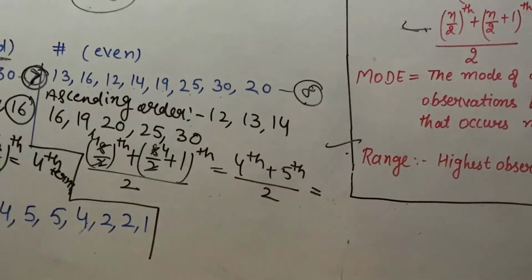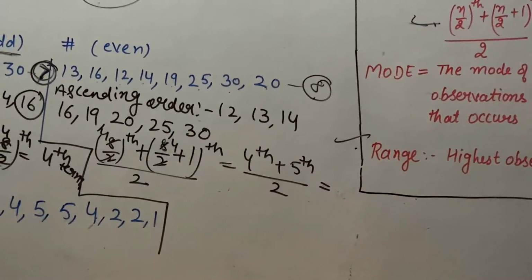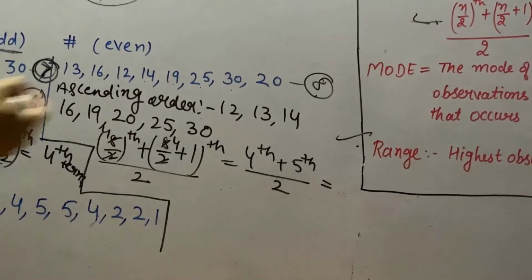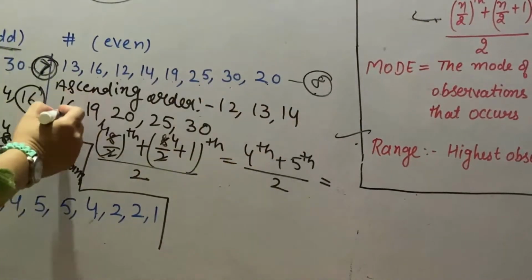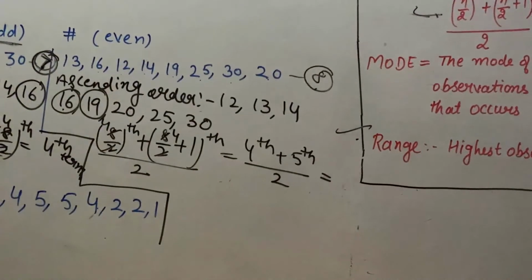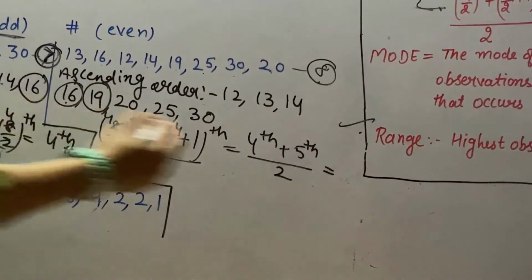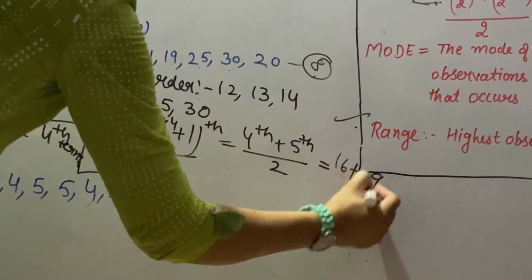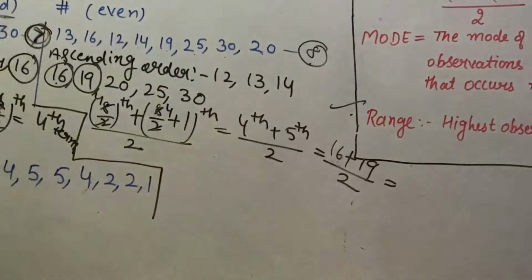Now, what are the 4th and 5th terms? 1, 2, 3, 4. This is the 4th term and this is the 5th term. Write down 16 plus 19 divided by 2.